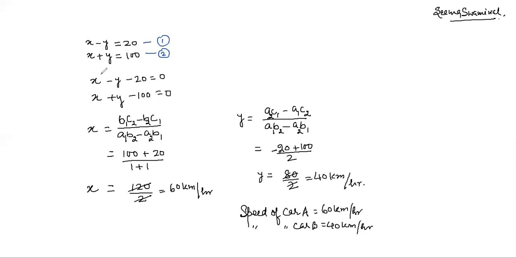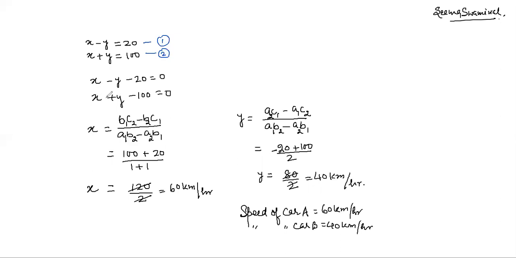You will hide x when you are writing the numerator of x. Hide x. Then b1 c2, the first equation's b and the second equation's c: b1 c2 minus b2 c1. Minus 1 multiplied by minus 100 gives you 100. Then the minus sign from the formula, and when you multiply b2 c1, again you are getting minus 20, so it will become plus 20.